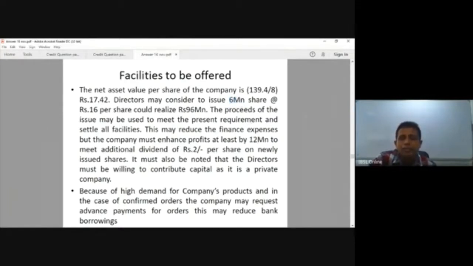Even though you receive funds, these shareholders also will ask for dividends. If you take the minimum dividend of 2 rupees, 6 million into 2 rupees means 12 million. Therefore, your profit needs to increase by at least 12 million next year in order to accommodate the 2 rupee dividend. That is the fourth option. But here the main thing is the current directors, the major shareholders, will have to accept this proposal.